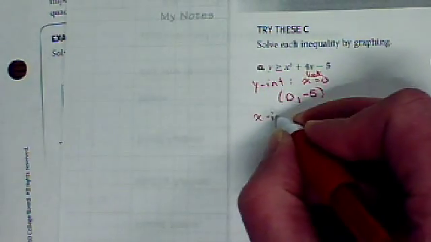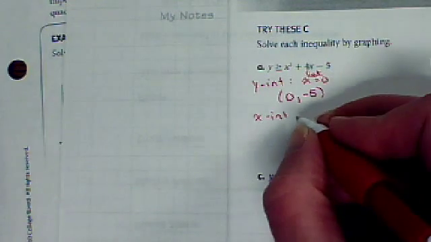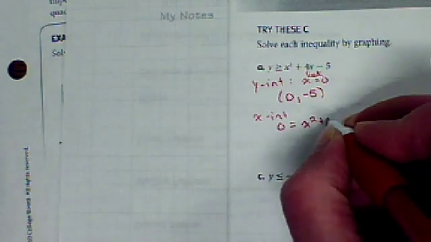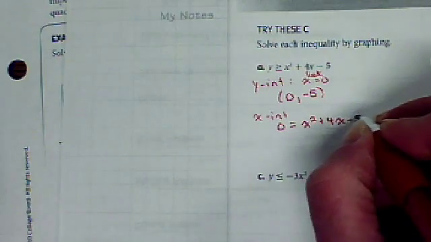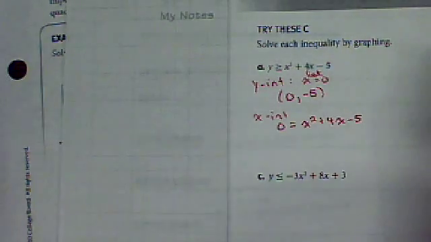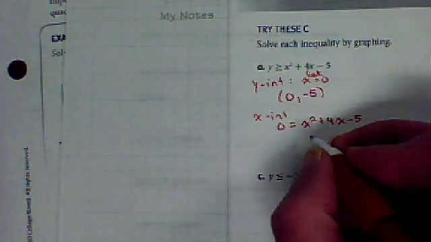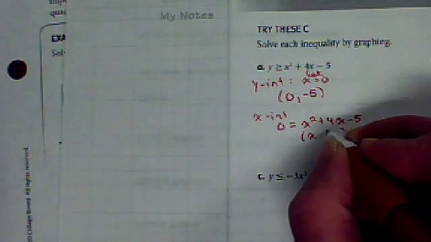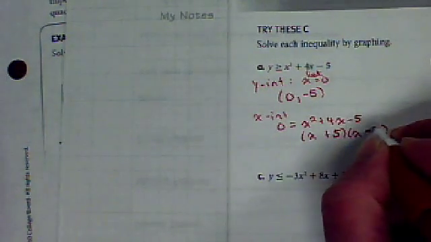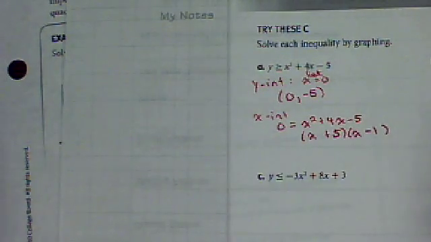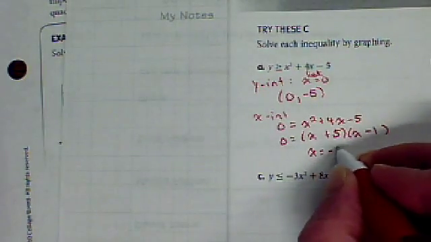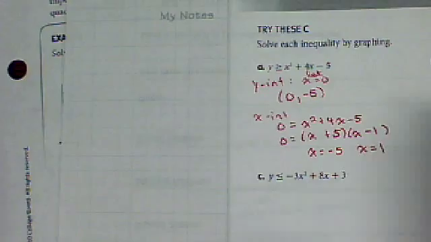My x-intercepts are found when y is 0, so you would set your function equal to 0 and solve. Let's see if this one factors, because that would make life super nice. x and x. Ooh, what about a positive 5 and a negative 1? That would work. So my x-intercepts are negative 5 and 1.